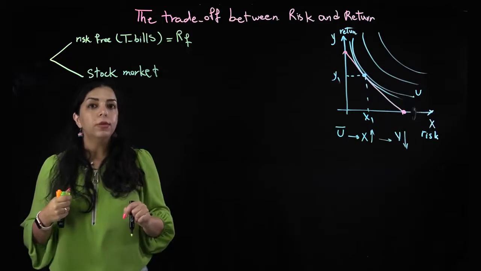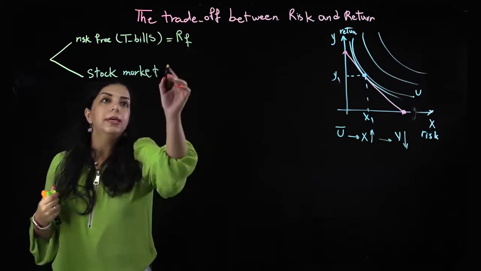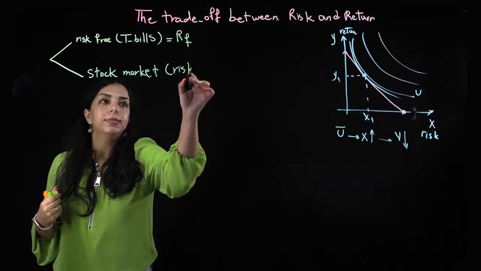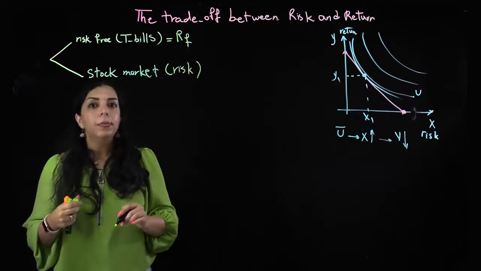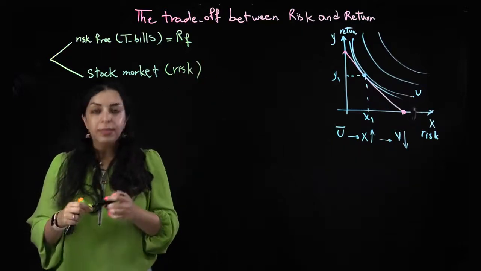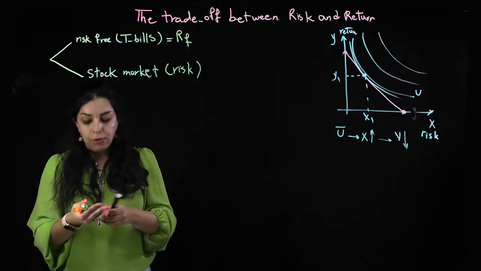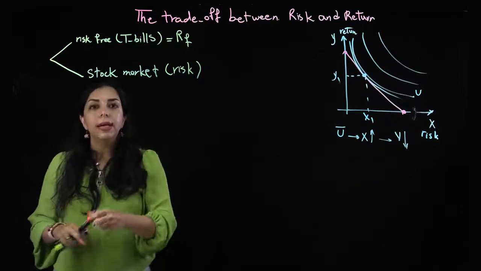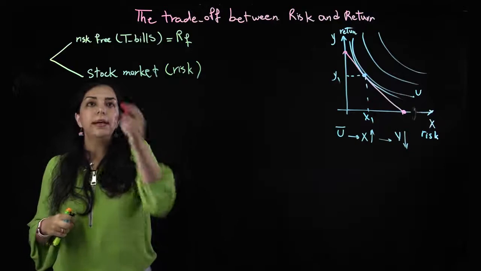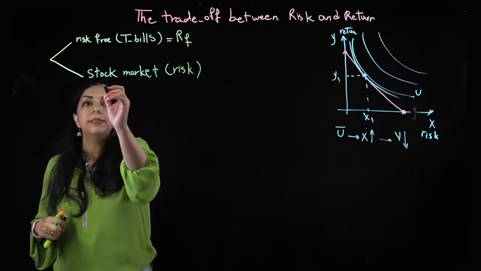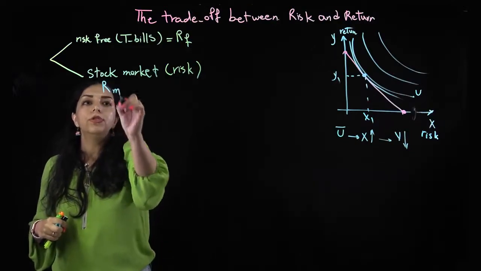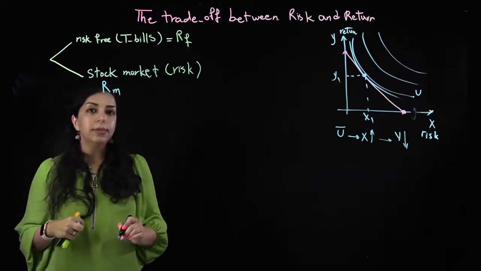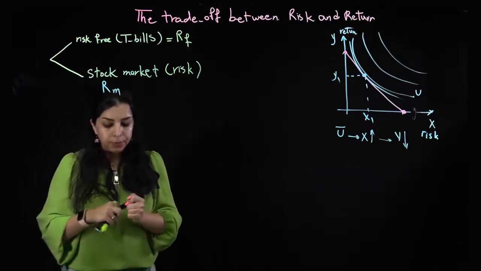Of course, for the stock market, risk is associated, so we have risk. And that's why the expected value will be different from the actual value. So let's say the expected value that the investor receives on the stock market is shown with RM. So this is the expected value.